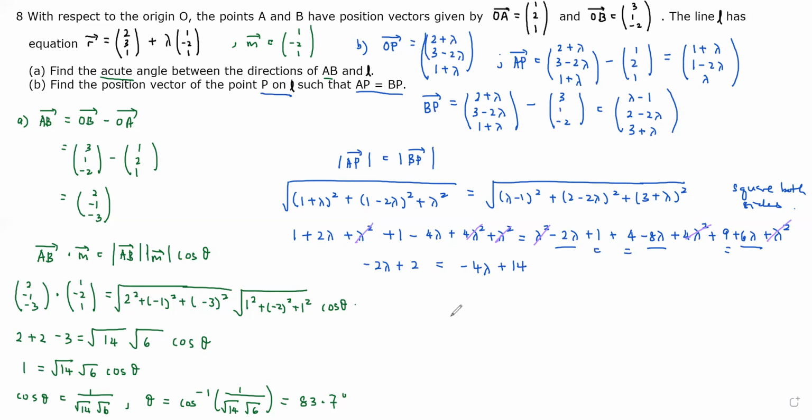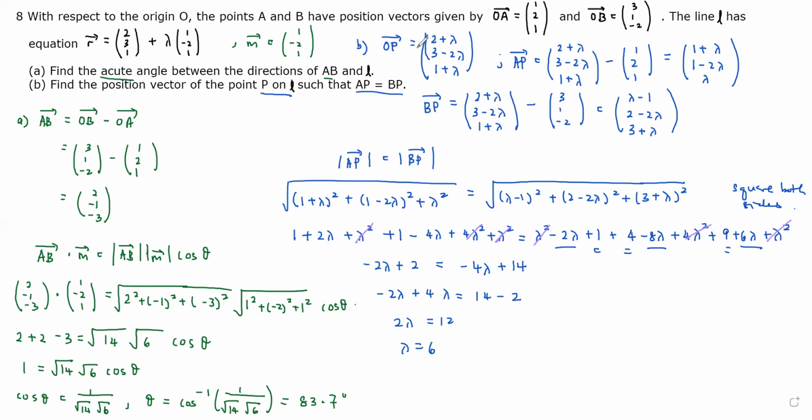We rearrange this so that we have negative 2 lambda plus 4 lambda on the left. On the right, we have 14 minus 2. Then this will give us 2 lambda equals 12, and lambda is 6.